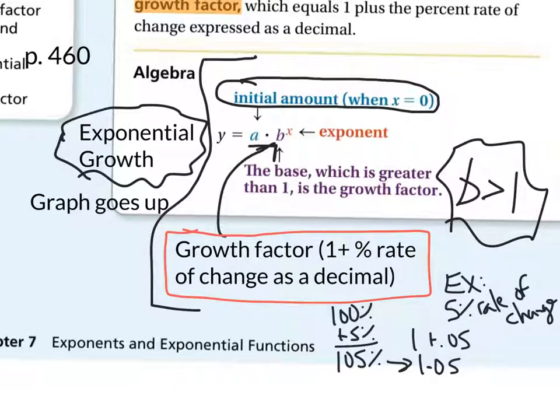So you can either take and add your rate of change to 100% and then change that to a decimal, or you can change your rate of change to a decimal and add it to 1. Whichever way you want to look at that. So that's going to be the keys when we look for a graph that's got exponential growth.